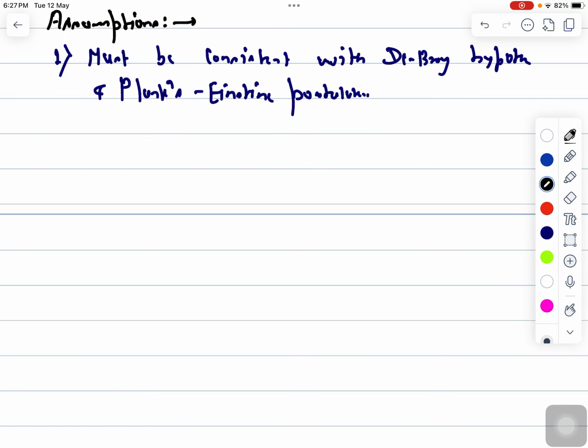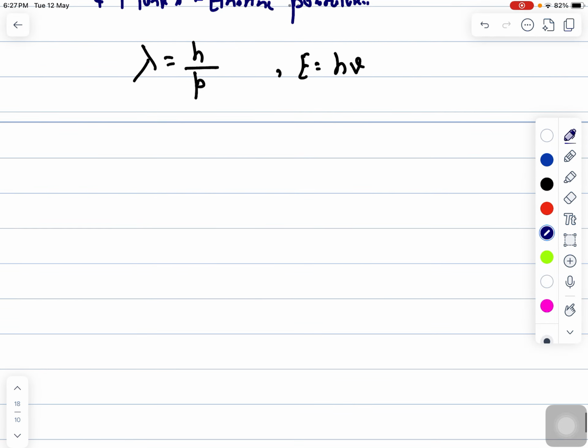As I have told you, there is a wave-like character if a particle is in motion. If there is a wave, then there is a wavelength associated with it, and we can define lambda equals h divided by p, where h is Planck's constant and p is the momentum. The energy of that wave is h nu, where nu is the frequency of oscillation.